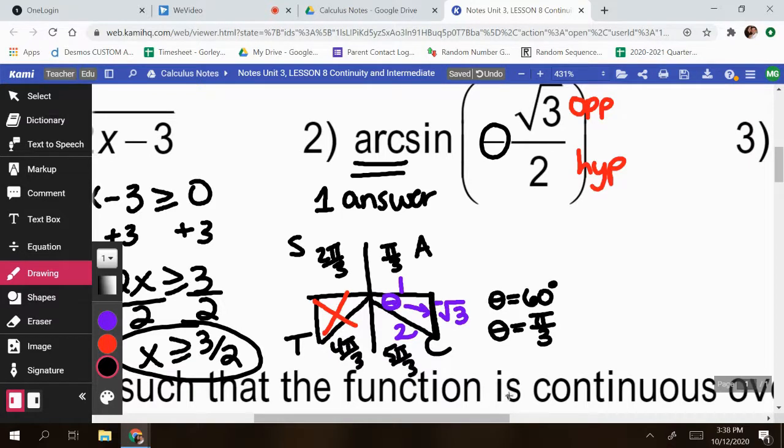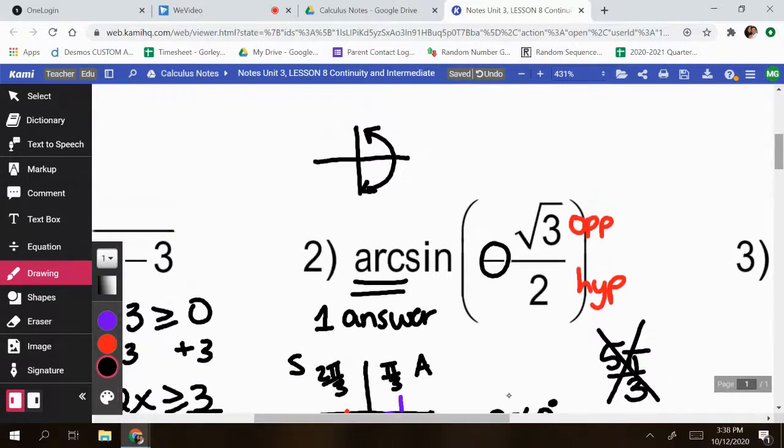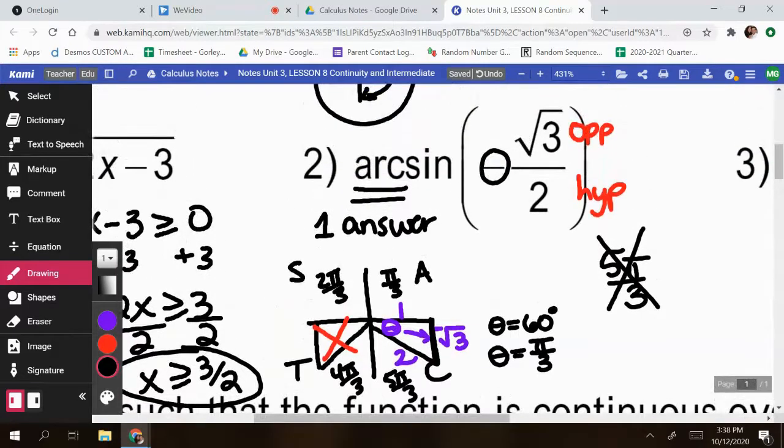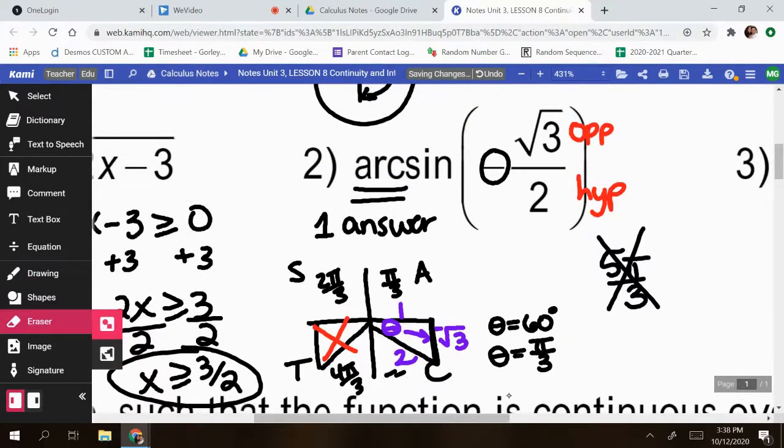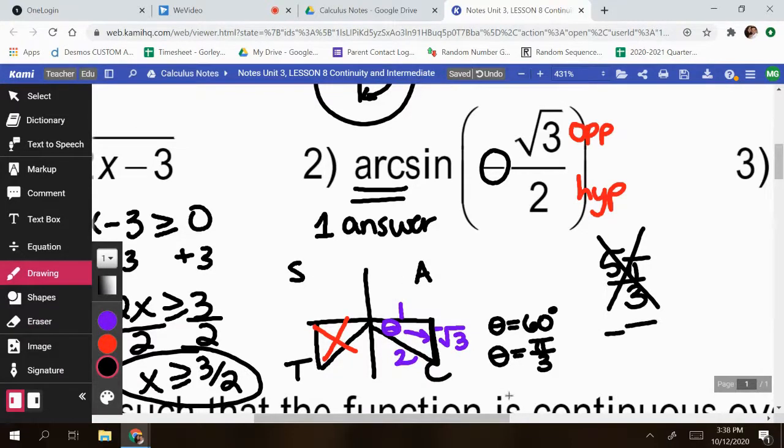But in this case, I do not want to put 5 pi over 3 as my answer. Because remember, my answer has to be in the range from negative pi over 2 to pi over 2. So instead of putting 5 pi over 3, I'm going to find a negative angle that's coterminal with it. And so I'm going to put negative pi over 3 as my answer.